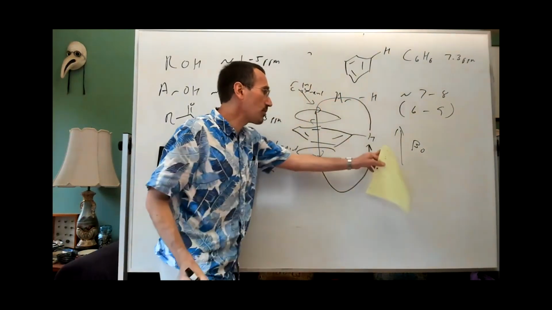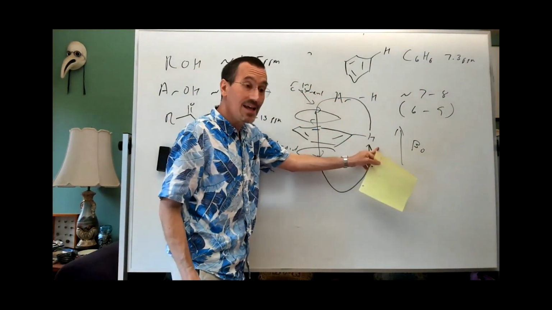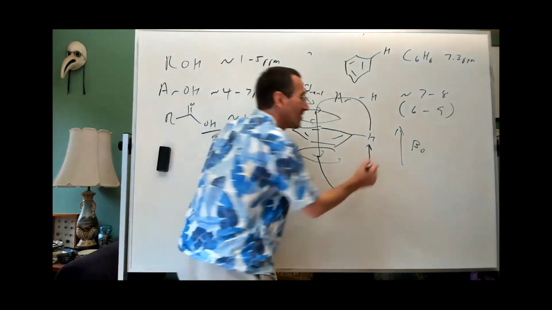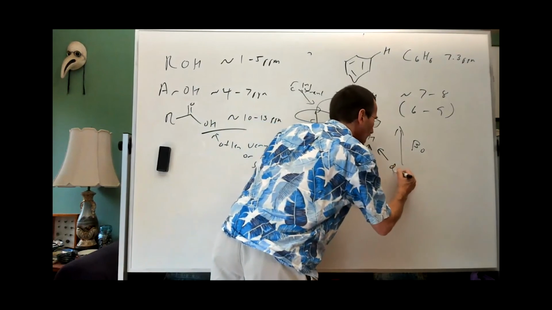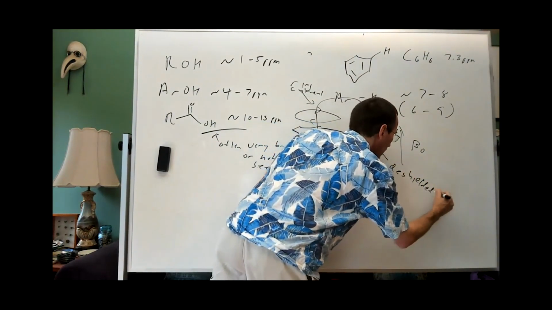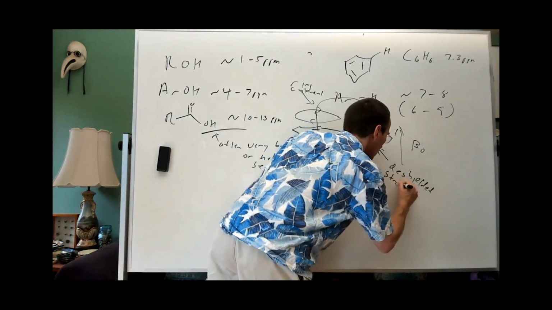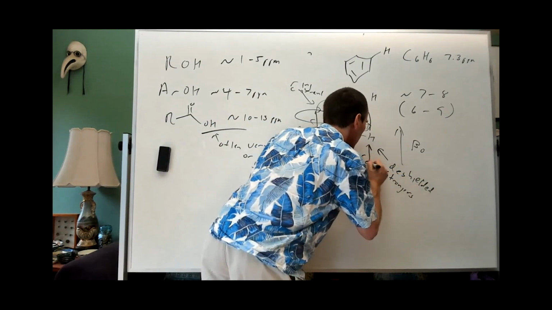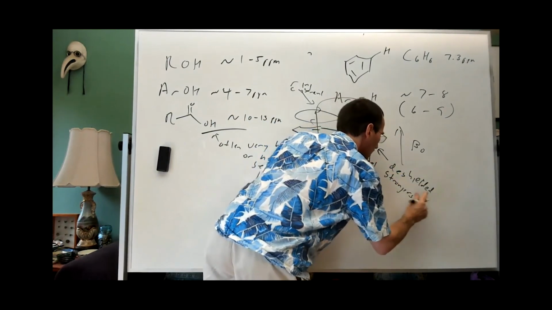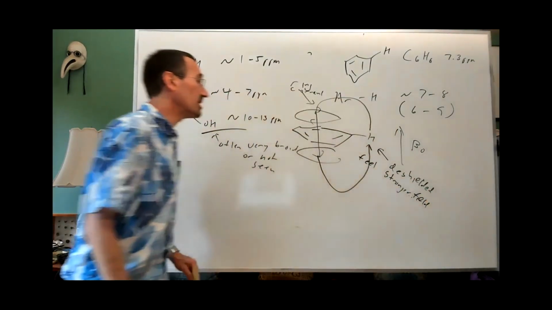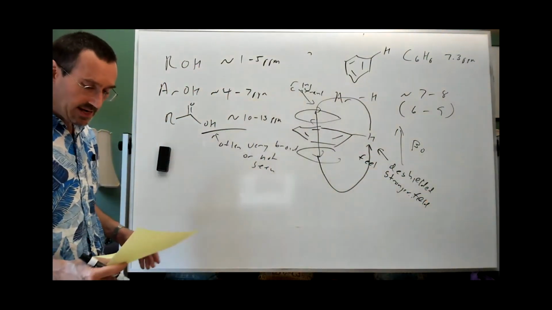And so this proton here ends up being deshielded because it feels a stronger applied magnetic field. That is at least the traditional explanation.